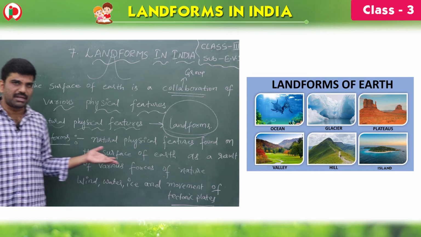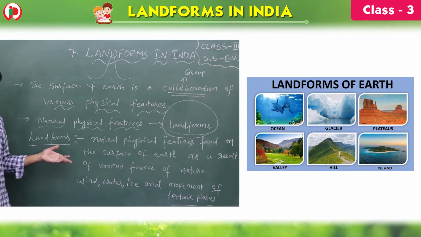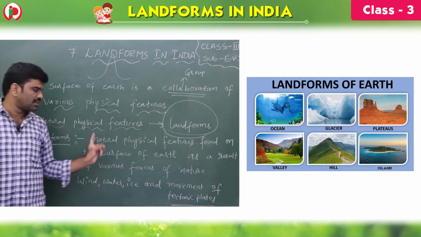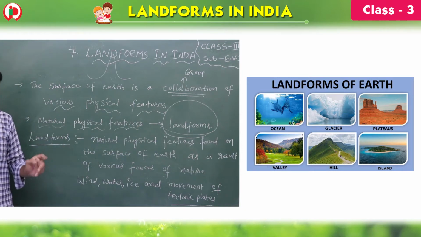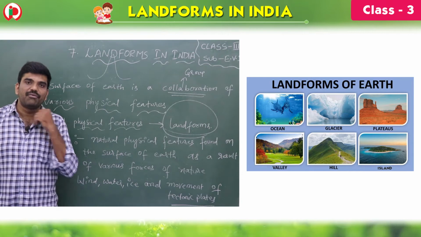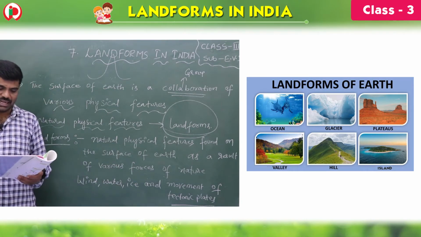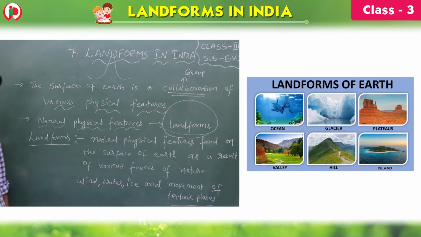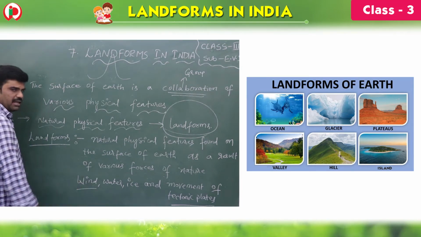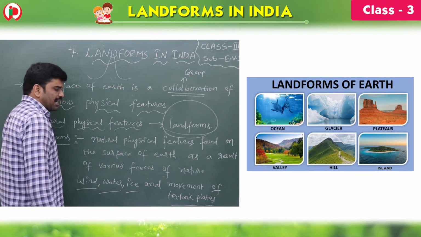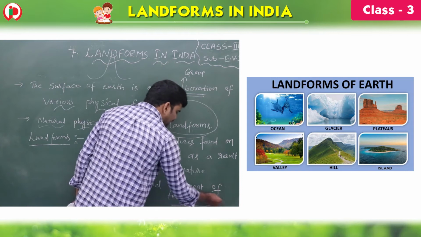Once again I repeat the definition of landforms. Landforms are the natural physical features found on the surface of the earth as a result of various forces of nature. Such as wind is a force, water is a force, ice is a force, and movement of tectonic plates, children.